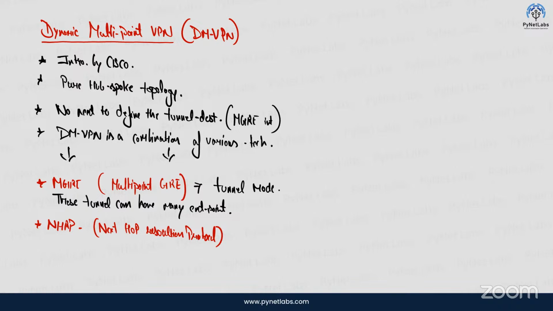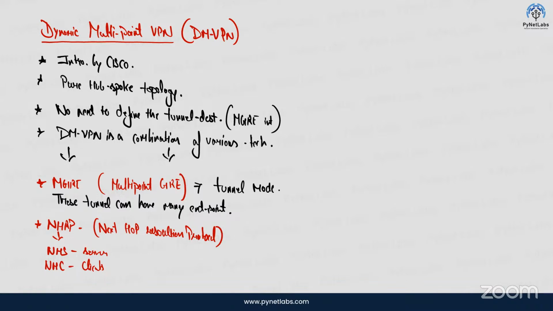So with DMVPN and the NHRP protocol, the routers can be configured as NHS and NHC. NHS means next hop servers and NHC means next hop clients. When we define NHRP, the clients register themselves with the NHRP server.